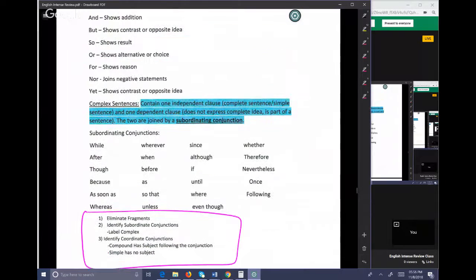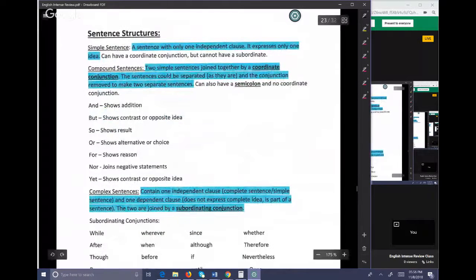Remember what each definition is. I'll say them quickly because I said them earlier. A simple sentence is one independent clause. That's it. A compound sentence is two simple sentences. They could be joined with a coordinate conjunction that's added, or they could be joined with a semicolon. Two independent sentences.